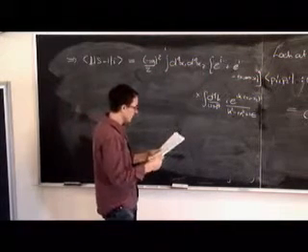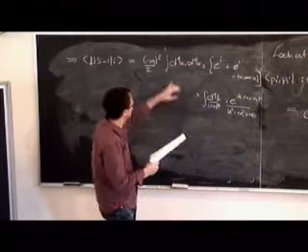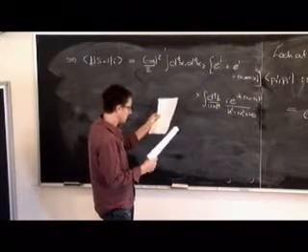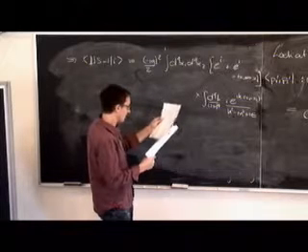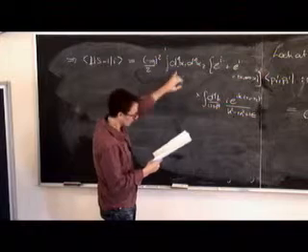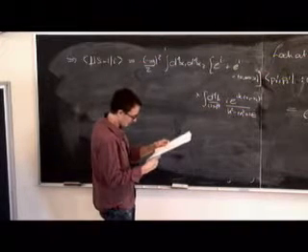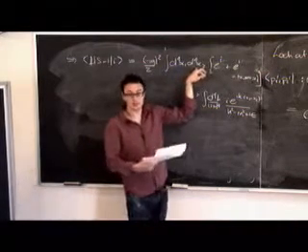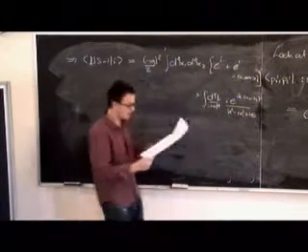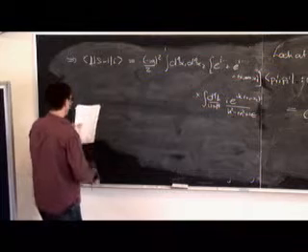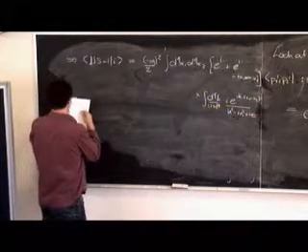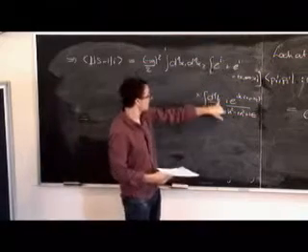Then we do the x1 integral to get a delta function, and we do the x2 integral and we also get a delta function. So we get two delta functions from doing these two integrals. We're left with this, and of course one of those delta functions allows you to do this integral.